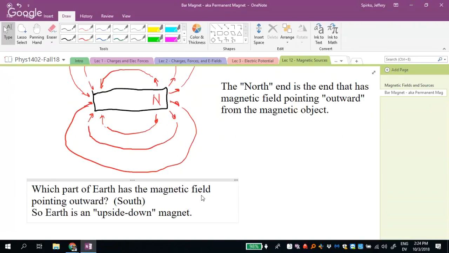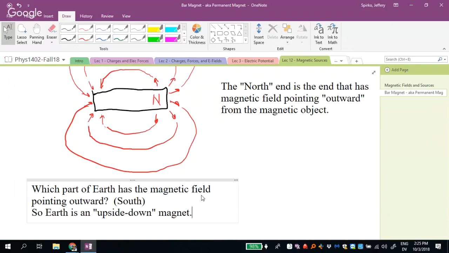So my conclusion that I like to draw from that line of reasoning is that Earth is sort of an upside down magnet. That the geographic north of Earth is a physics south, and the geographic south of Earth is a physics north.